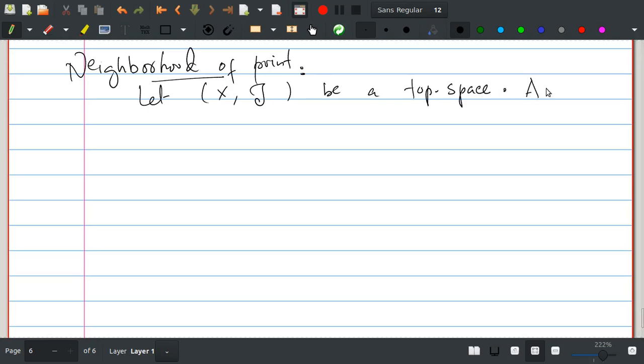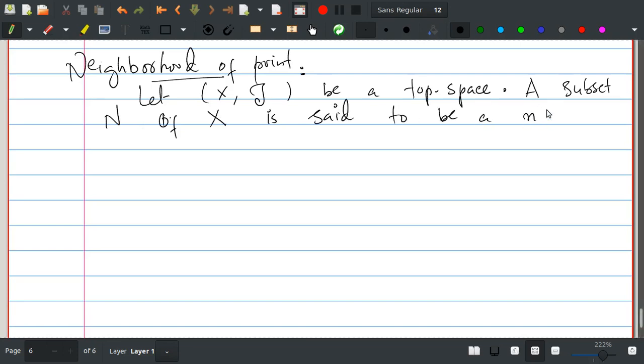Now a subset N of X is said to be a neighborhood.